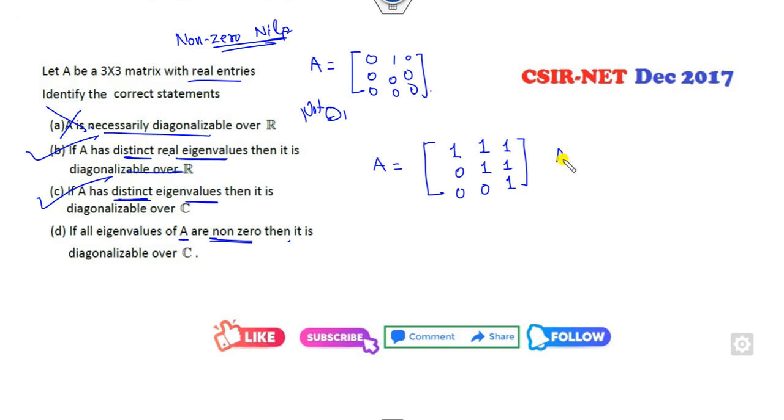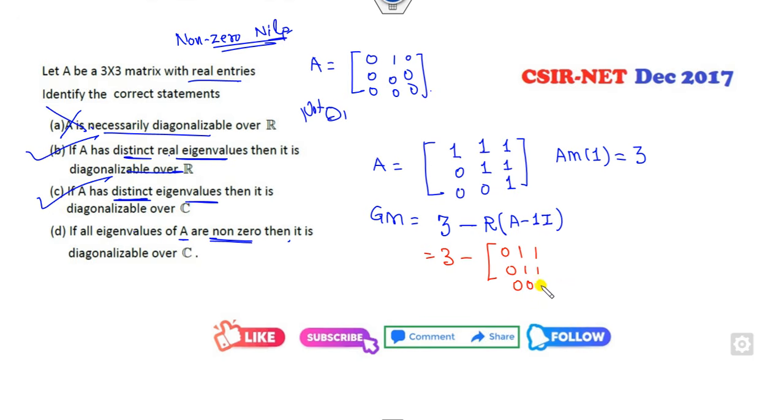Then the algebraic multiplicity of the eigenvalue 1 is 3. Can you find the geometric multiplicity? It is 3 minus the rank of A minus 1 times I. So what will happen if you calculate A minus lambda I? 0 1 1 0 0 0. What is the rank of this matrix? 2.